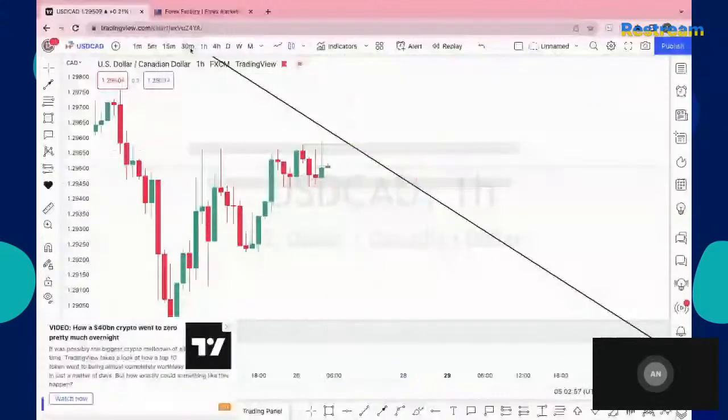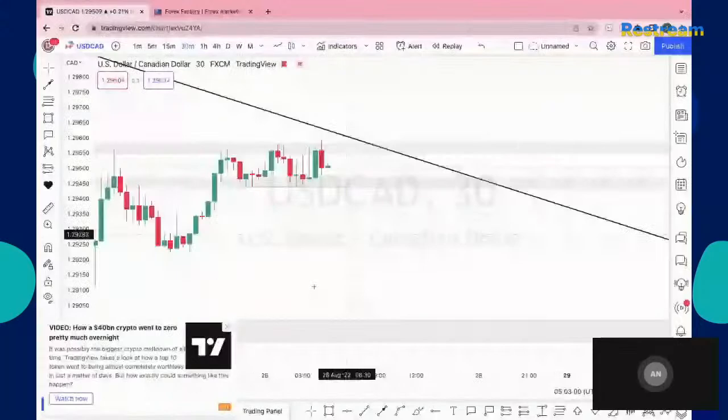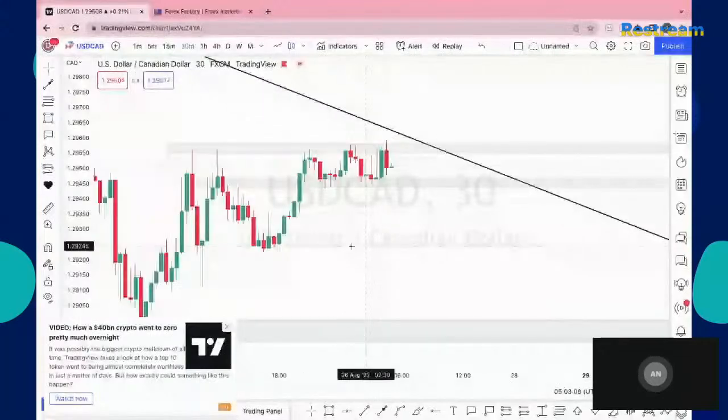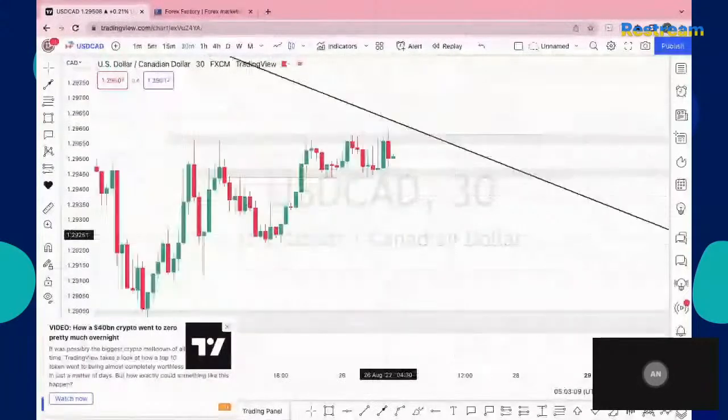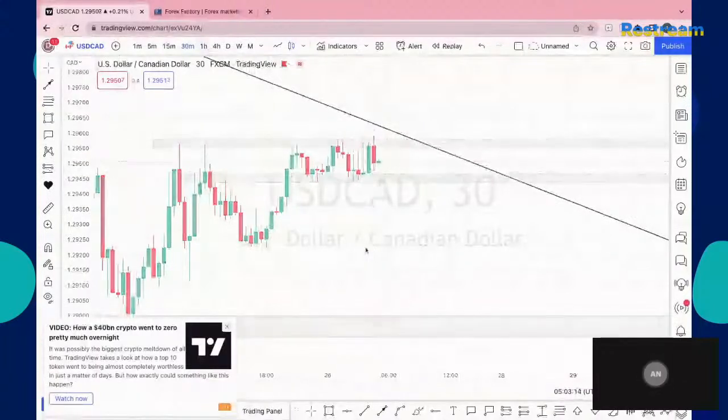Okay, let's check it on 30 minutes. On 30 minutes we close strongly bearish. We can see already, and we haven't said anything, but we close strongly bearish. So we are saying sells below.